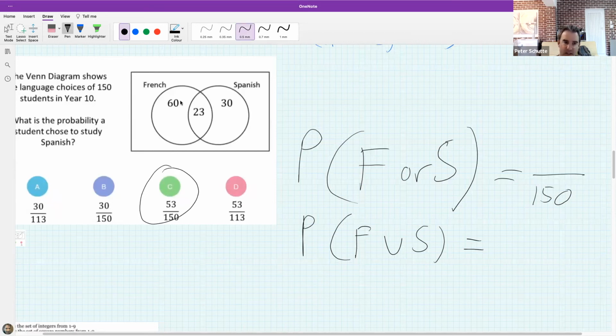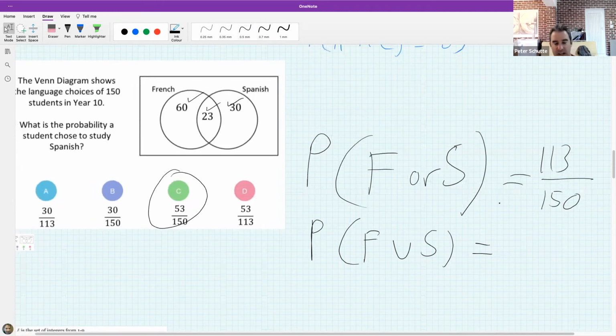Well, F or S could be this, this, and this. So 60 plus 23 plus 30. So 113 over 150. So that is the probability that the person studies either French or Spanish or both.